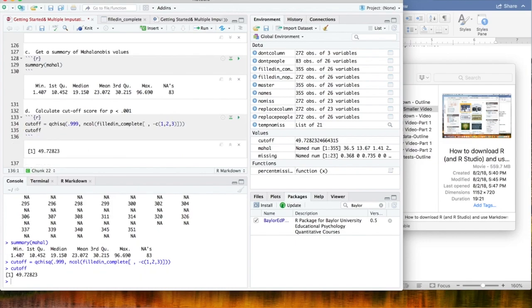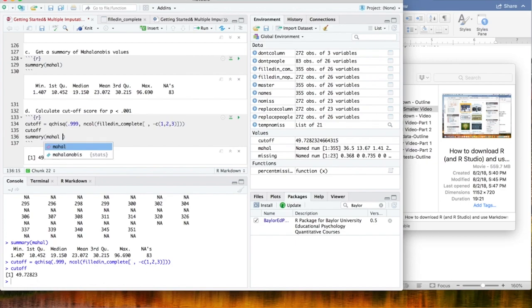If you look at the cutoff score for p less than 0.001 with a degrees of freedom of probably 23, because that's the number of variables, the number of columns, it is 49.728. So any person who has a Mahalanobis value bigger than 49.728, we're going to remove them from the data set.